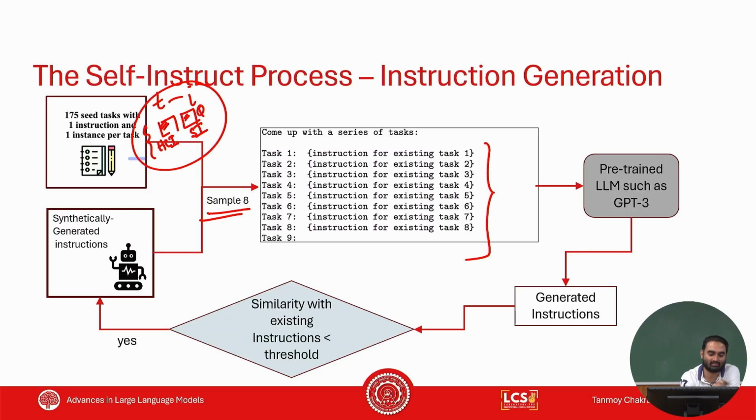Initially only the human curated instructions will be sampled. So you sample 8 instructions, and then you ask a GPT model, let's say GPT-3, a big model, to generate more instructions, right, from 8 to, let's say, 800.